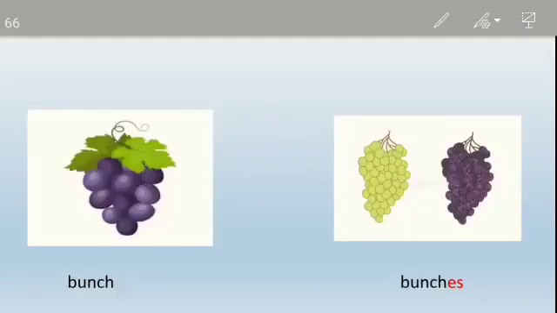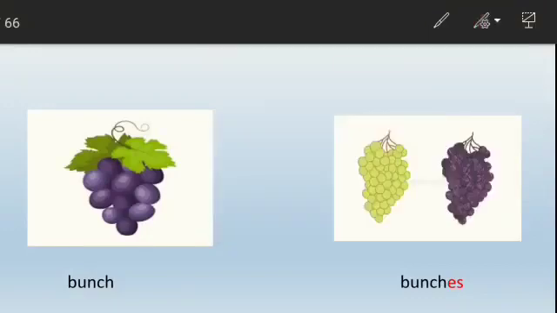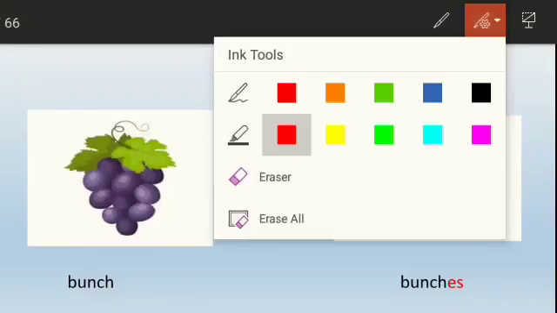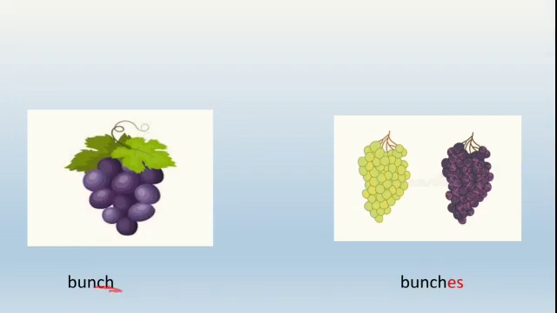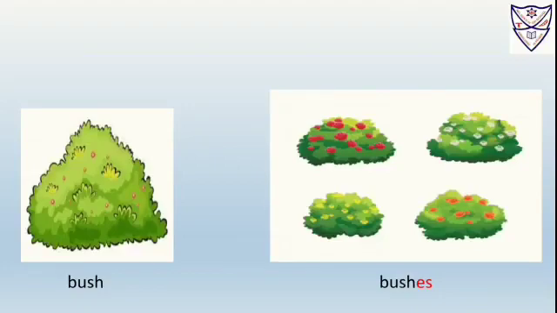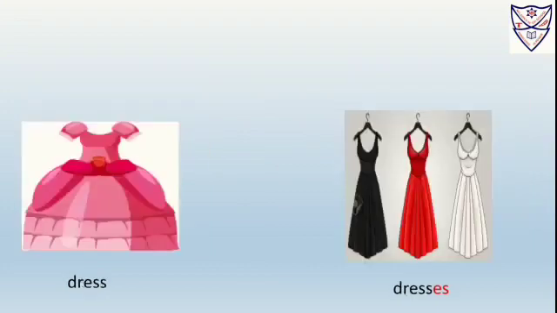Now here it ends with ch, so when it ends with ch, to make it plural we are adding es at the end. So bunch, bunches. Bush, bushes. Same way, when it ends with sh, at that time also to make it plural we are adding es. So bush, bushes. Dish, dishes.